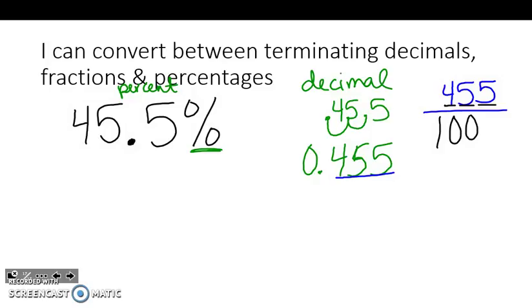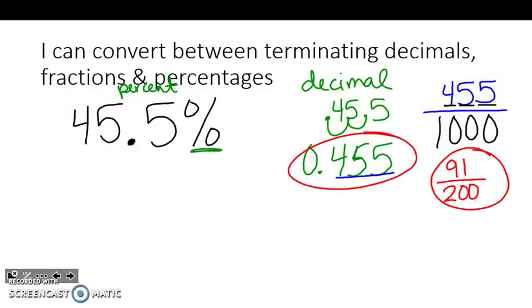So 1, 2, 3. And then you need to see if it will simplify. So type it in using your ABC button. And you should get 91 over 200. So those are your final answers then.